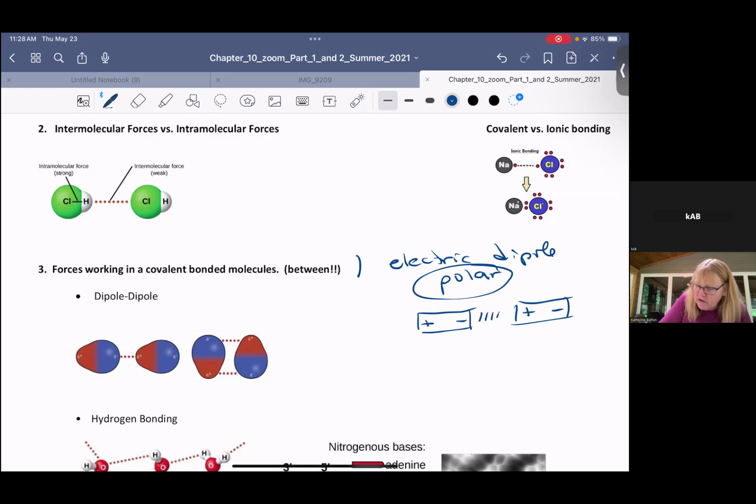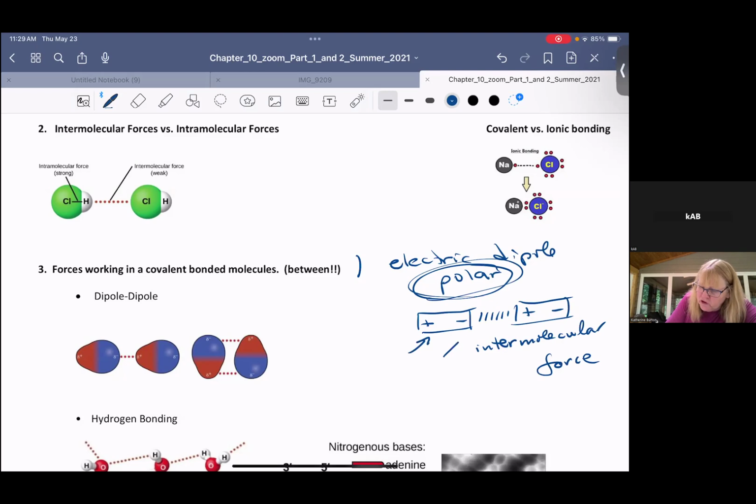This interaction, this sticking, is our intermolecular force, or intermolecular attraction, because we're looking at polar molecules. We're trying to figure out what is going to be really strong and what is going to be weak. Again, this is kind of straightforward.